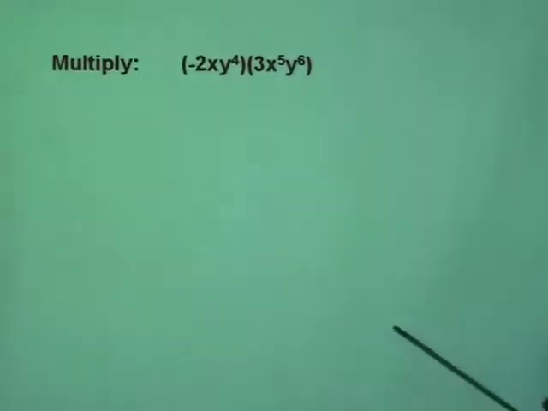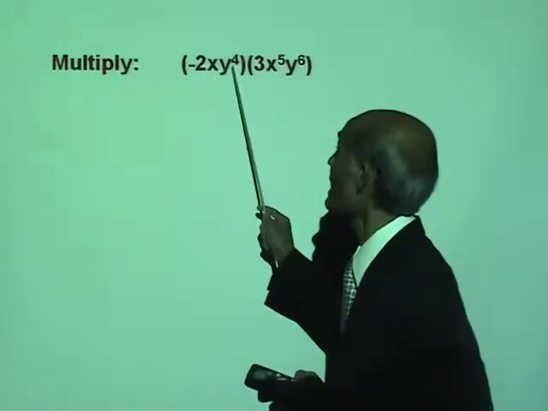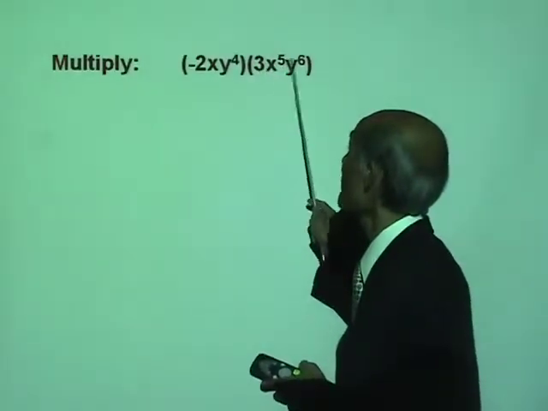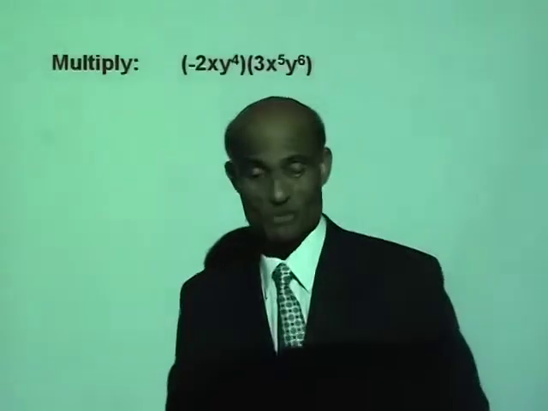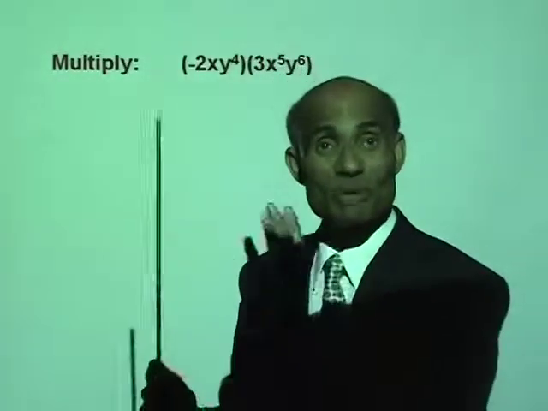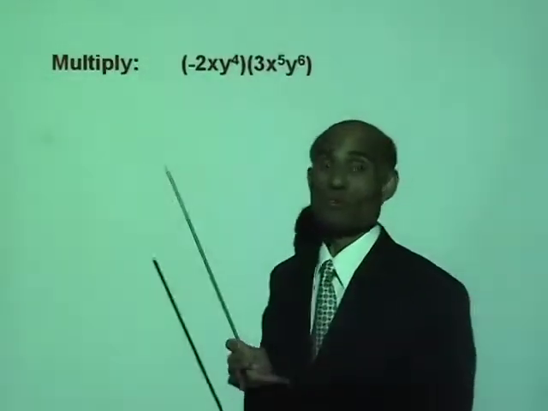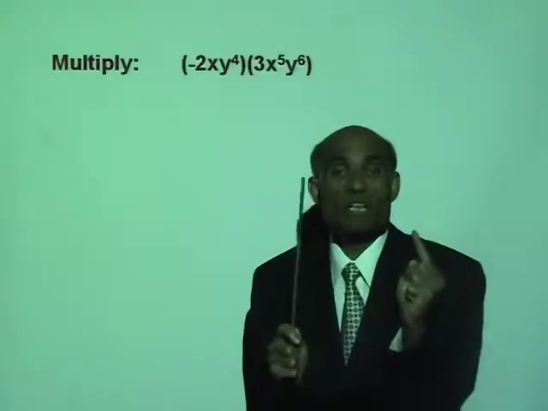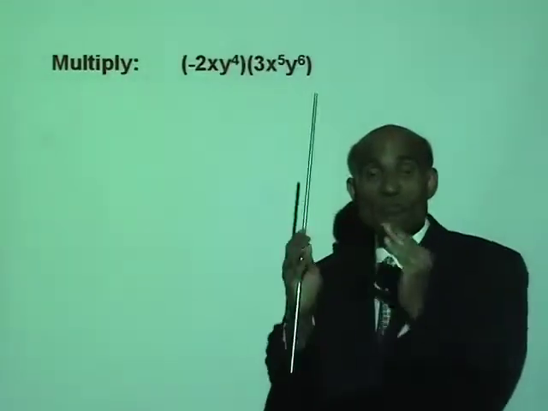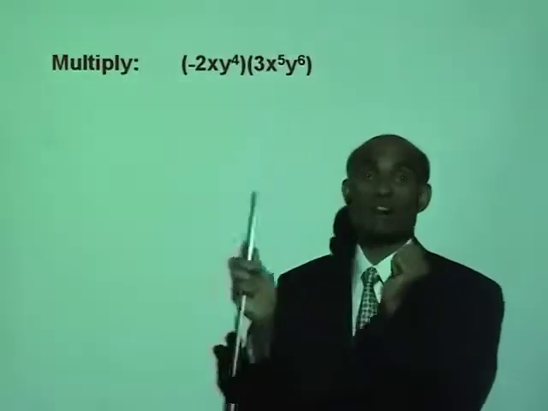How about this? Multiply negative 2x y to the power of 4 times 3x to the power of 5 y to the power of 6. You have actually done multiplication like this. What is the first thing to do? First, we use the associative property of multiplication and group them so that the like quantities are together.